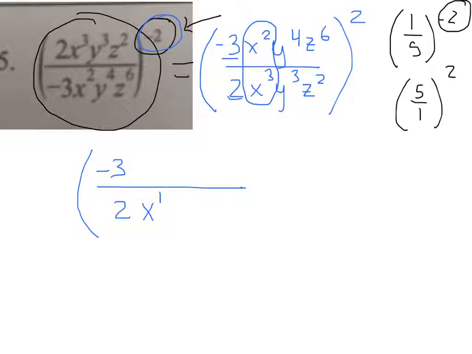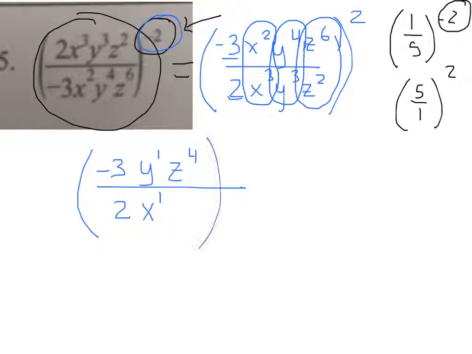What you do is you say 3 minus 2 is 1, and then the biggest exponent's on bottom, so your result goes on bottom. And then I do y to the 4th divided by y cubed, and that gives me what? Where? Y to the first on top. And then I have z to the 6th divided by z squared, which is? Z to the 4th on top, and that's all being squared.